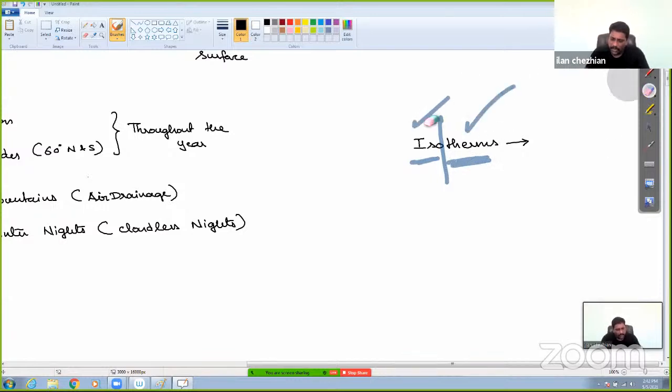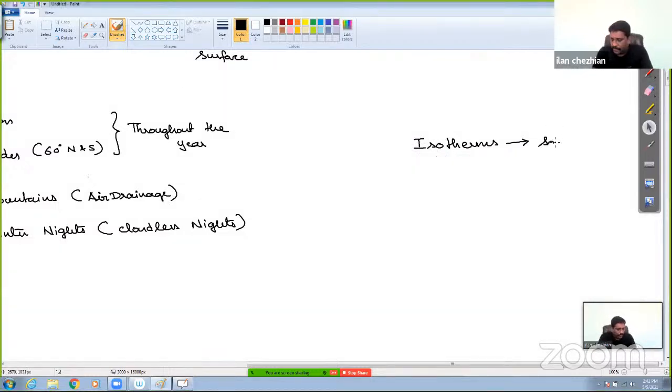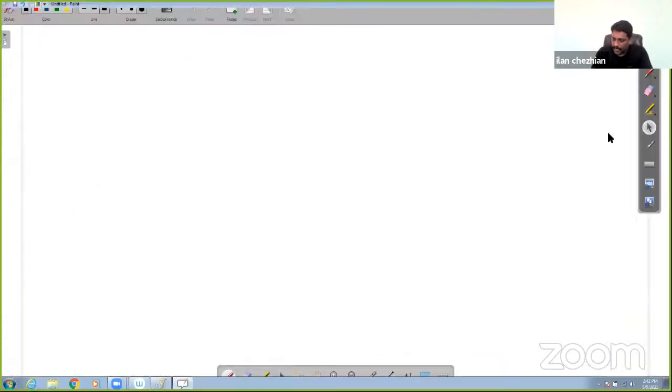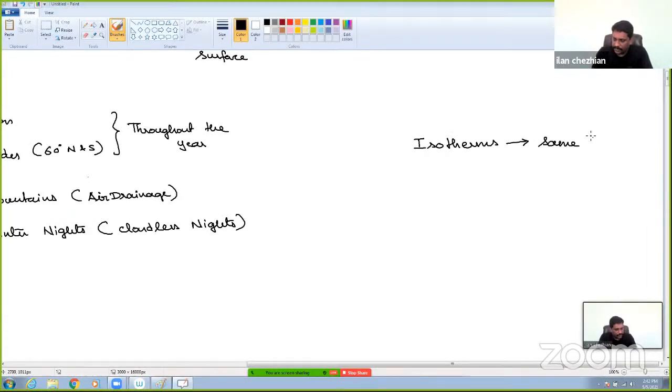It means the line joining the places having same temperature, my friend. So isotherm is the line joining same temperature.